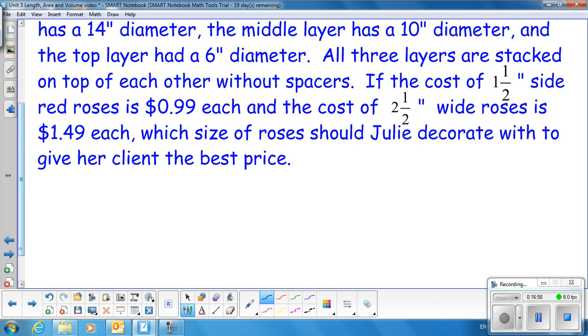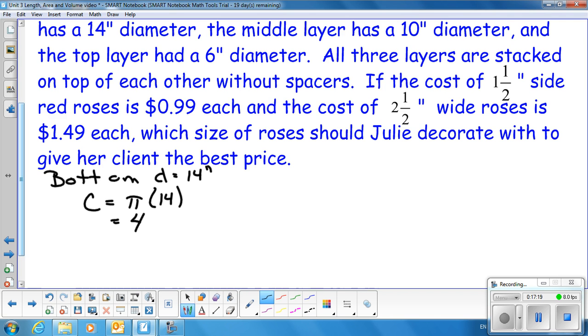So the first thing that we need to do is to figure out the distance around each of those layers. If we start with the bottom, it had a diameter of 14 inches. So our circumference is pi times the diameter, so pi times 14, or approximately 43.96 inches.